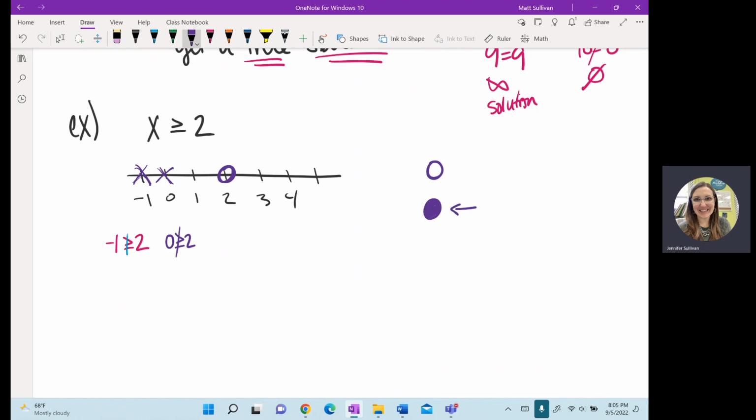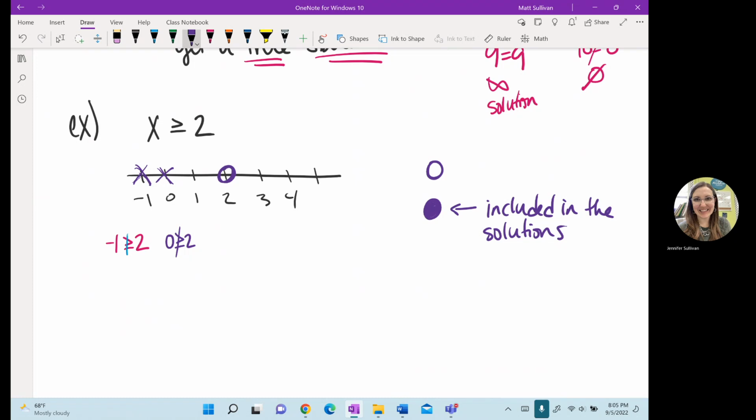If I have a closed circle, that means that the number I'm putting the circle on is included in the solutions. That's what that closed circle means. The open circle means not included. We'll talk about an example of that one in just a second.